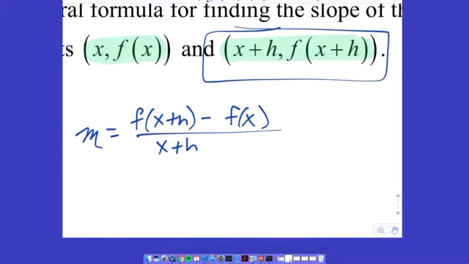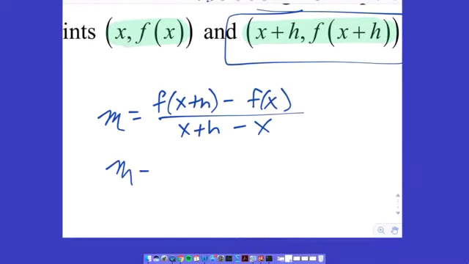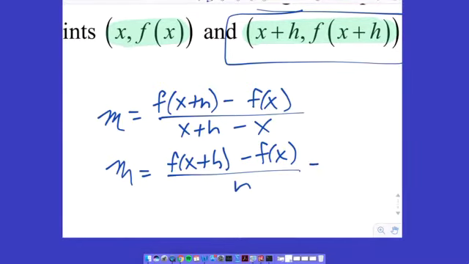The change in the corresponding x values? Which, not surprisingly, if you clean that up before you actually make it function specific, you get h again. Because remember, this is just delta y over delta x. We're just using h to represent delta x because it's a little bit easier.